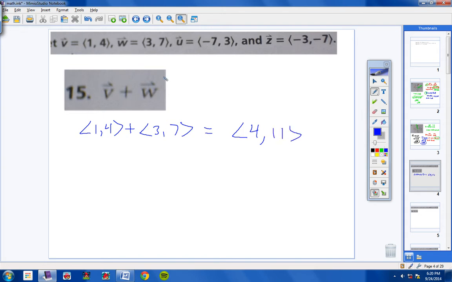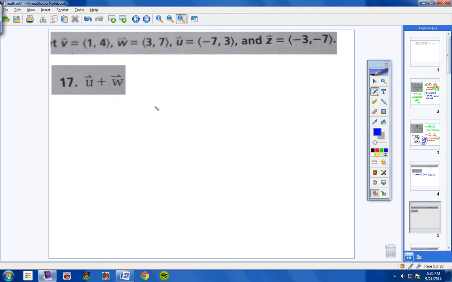And we're moving on. Pretty simple. All right, number 17, we are going to take u plus w. So vector u is -7, sorry about that, -7, 3, and then plus vector w, 3, 7. All right, and we're going to get -7 plus 3 is -4, and 3 plus 7 is 10. So the answer to 17 is -4, 10.